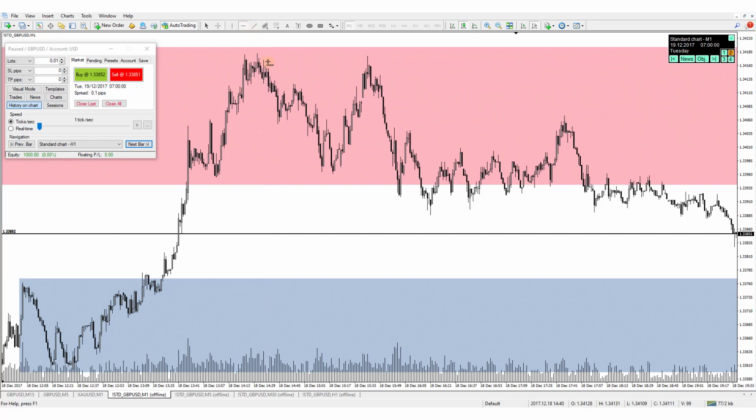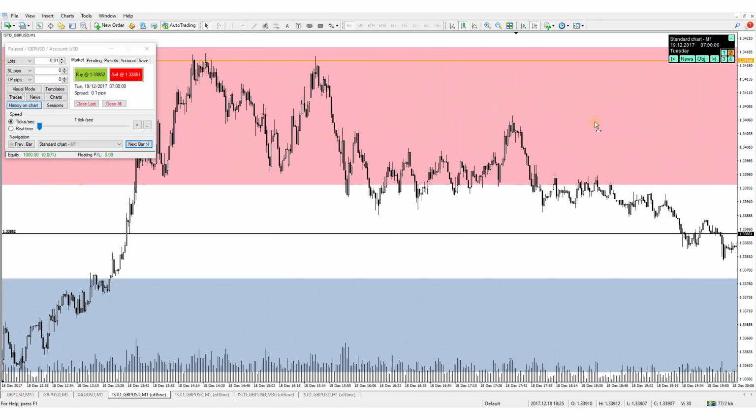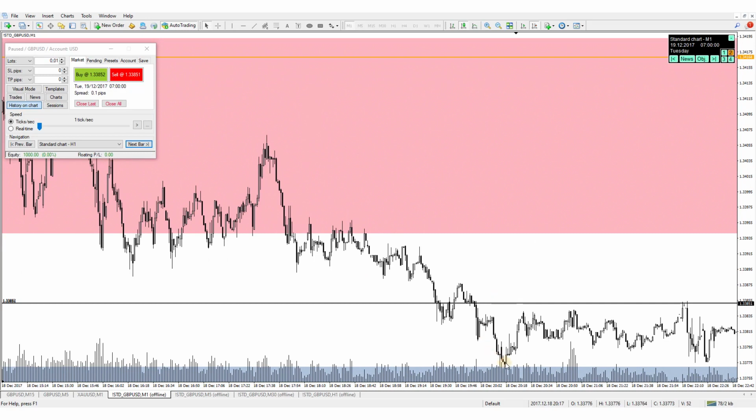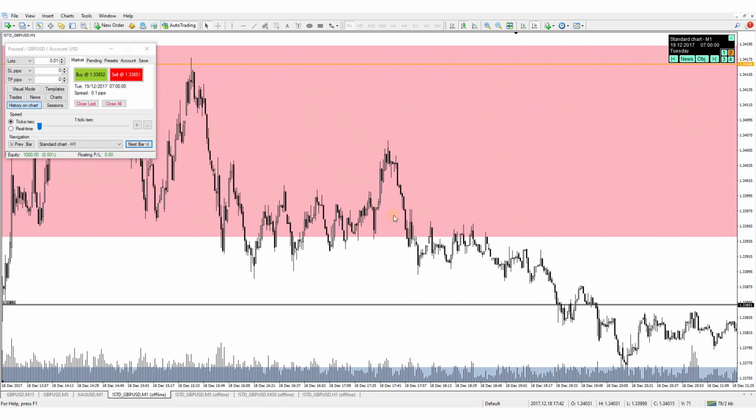Okay, I would mark this as my equal highs. Yes, this is my resistance. Here looks like the retail pattern, which was broken, and then price decided to go down to finish on the demand.